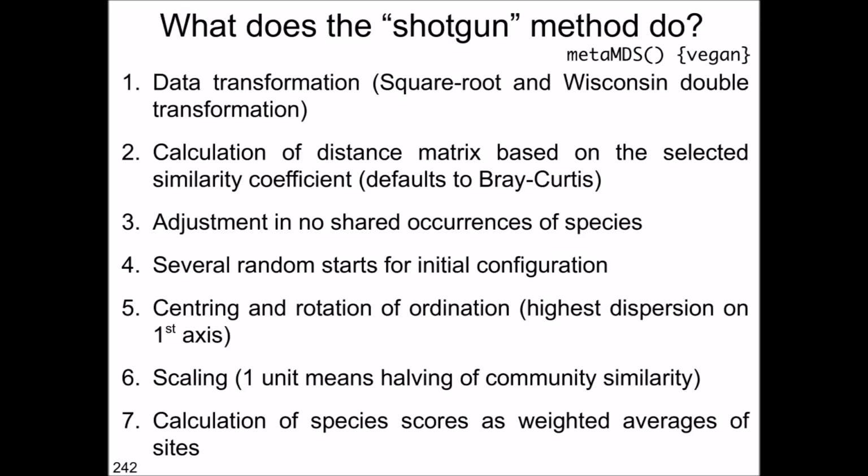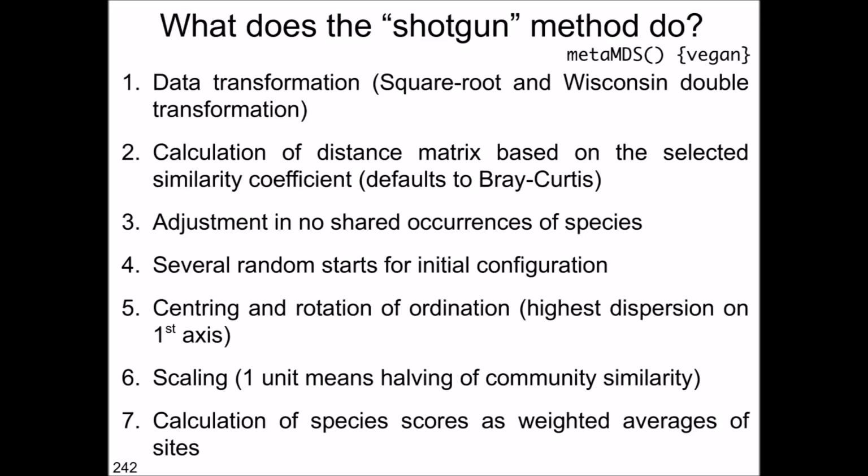Then there's an adjustment if there are no shared occurrences of species. We had the discussion that we might have a site where no species has been found, for example in a spill or something. Then we add a dummy species to the data set.